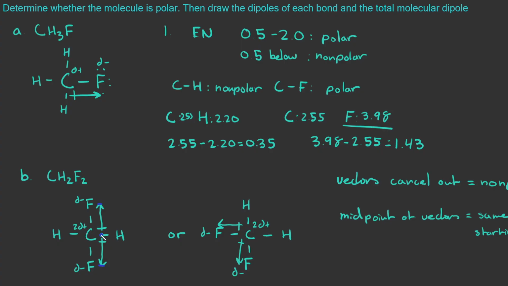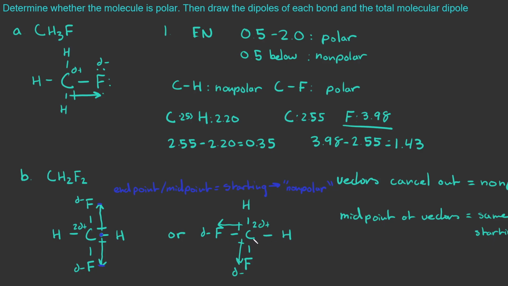And thankfully, that is exactly where we started off, because we said that our center point is where both vectors are attached. You measure the lengths in totality, and the midpoint is still in the same place. Since the endpoint, or midpoint, is the same as the starting point, this is a quote-unquote nonpolar molecule.